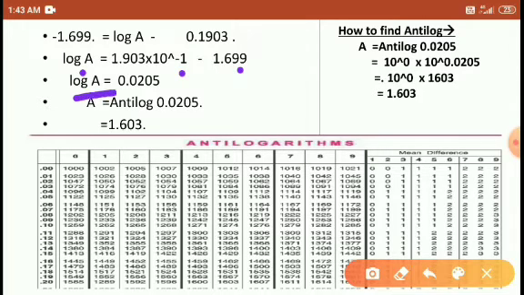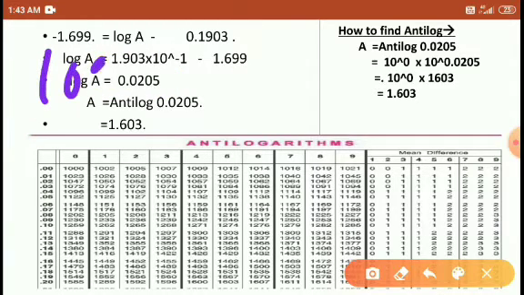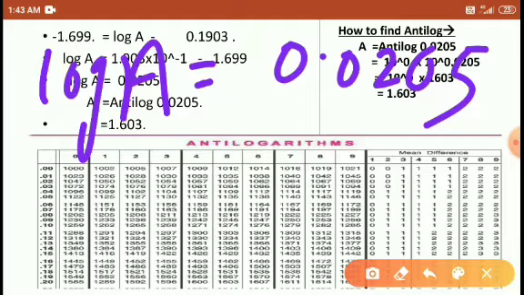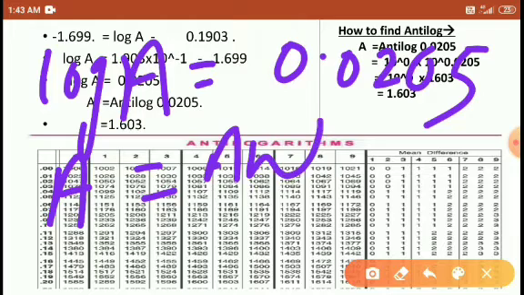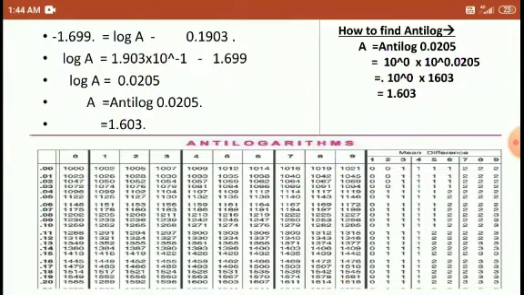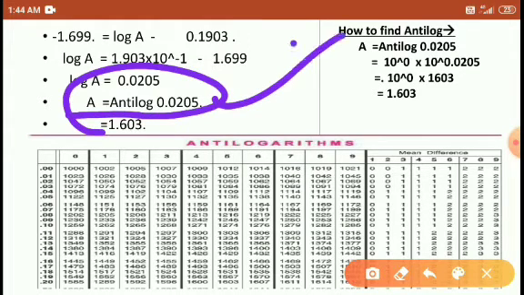We got the answer, log A is 0.0205. If log A is equal to 0.0205, then moving the log to the right hand side, A is equal to antilog of 0.0205. Understood?